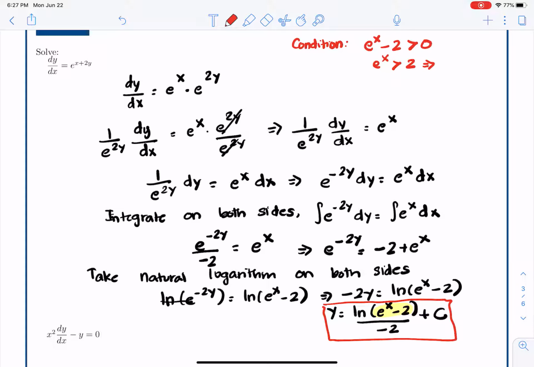Take ln on both sides. Ln e raised x has to be greater than ln of 2. The ln and the e would get cancelled, so x has to be greater than ln of 2. So the existence interval is ln of 2 all the way up to infinity.